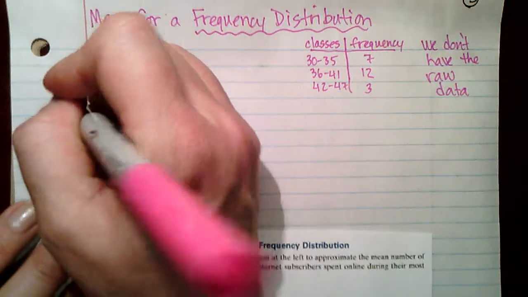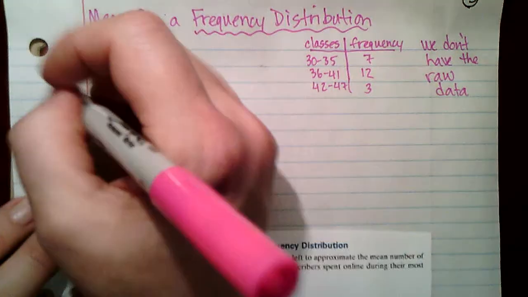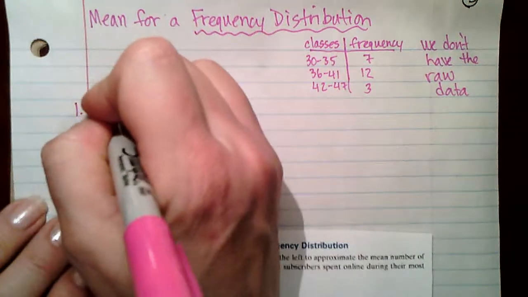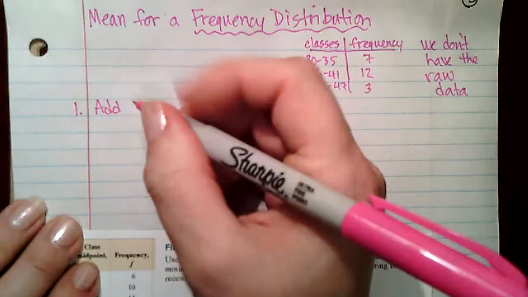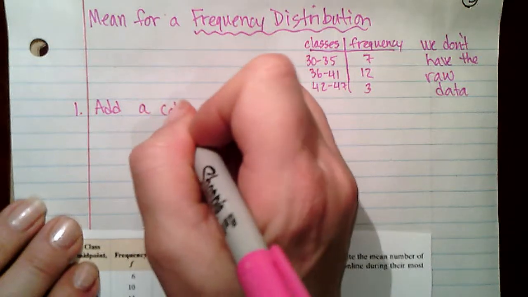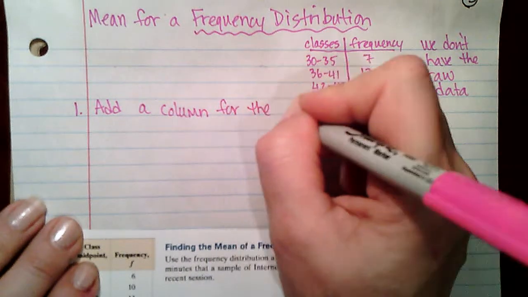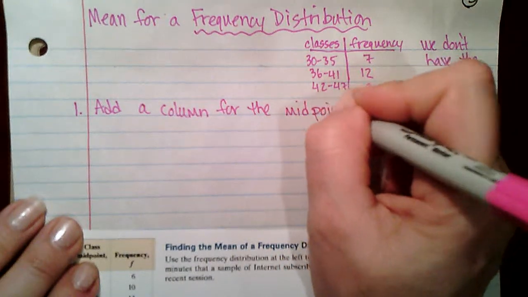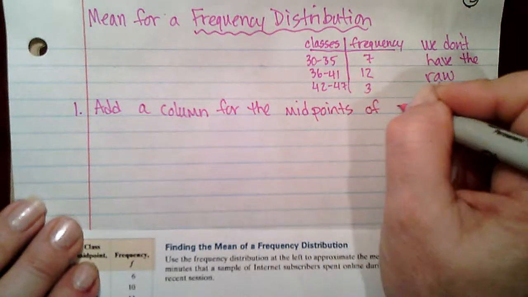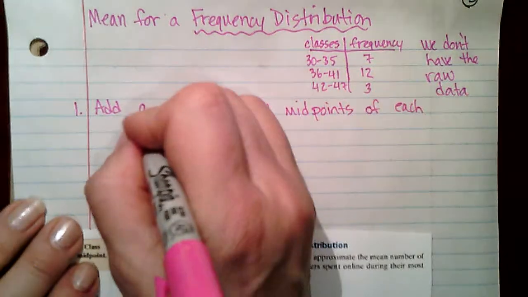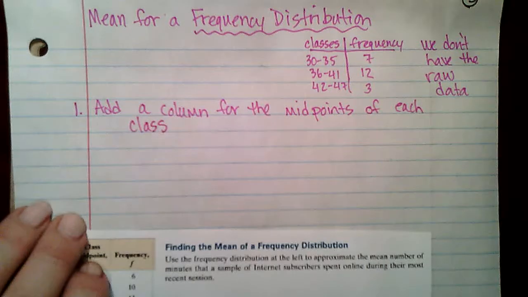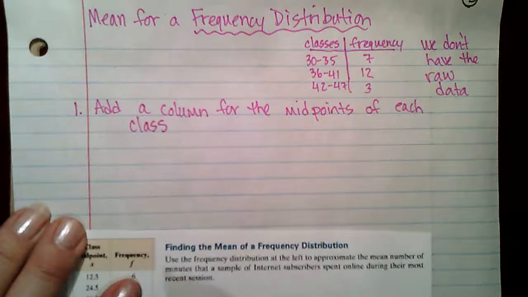So here are our steps. The first thing we're going to do once we have a frequency distribution is add a column to the right-hand side for the midpoints of each class. Now, we did talk about how to find the midpoint at one point.